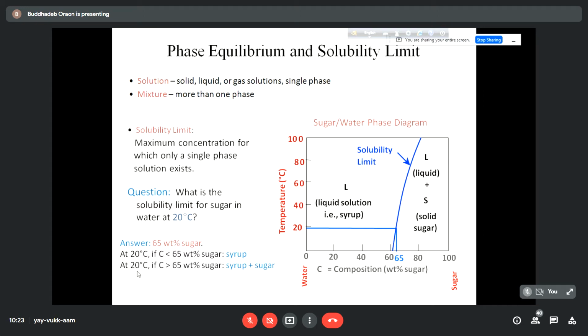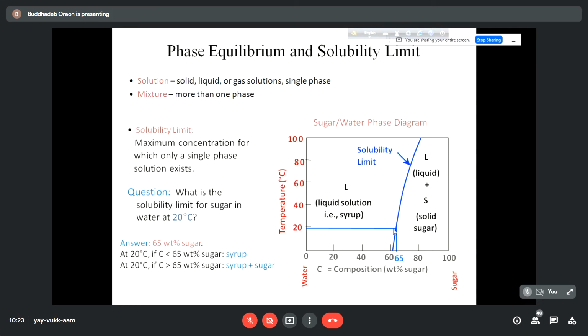But at the same temperature, if you increase the concentration, it will be a solid plus liquid composition. There will be partly liquid and partly solid, a mixture of liquid and solid. So here you are getting two different phases, on the right hand side we are getting two different phases.